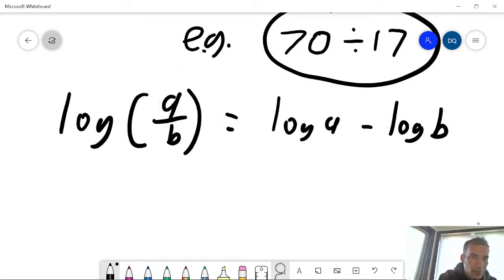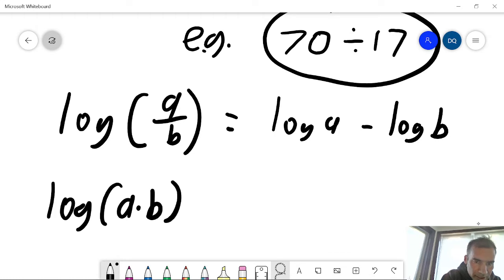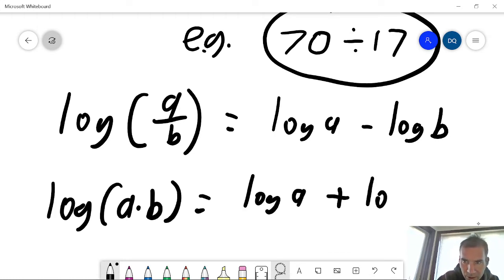Similarly, there's the product rule for logs. The log of A times B is equal to the log of A plus the log of B. You see, using logs allows you to turn division into subtraction and allows you to turn multiplication into addition.